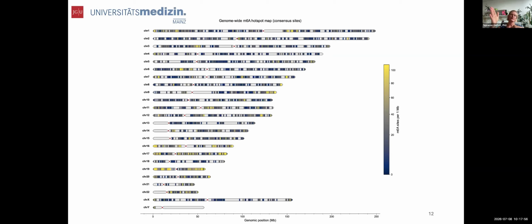But if you project the RNA to its genomic coordinates, you can see that there are some dense regions where more than 100 m6A sites per megabase appear, compared to other regions that are quite sparse. Obviously, in some regions there is no transcript that could carry a modification that could be predicted. However, this is only for the m6A level.